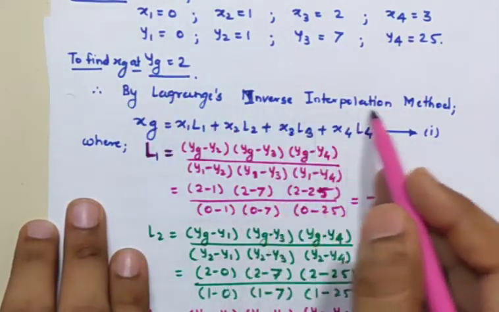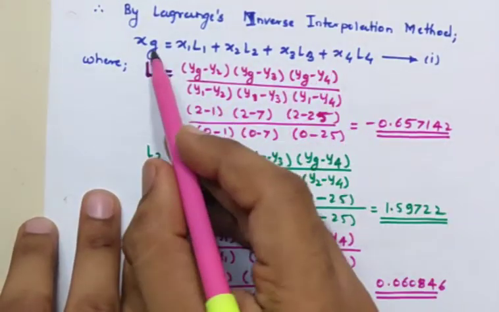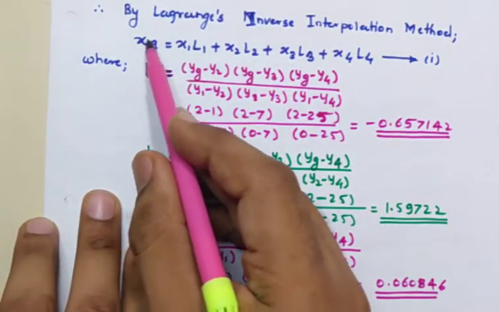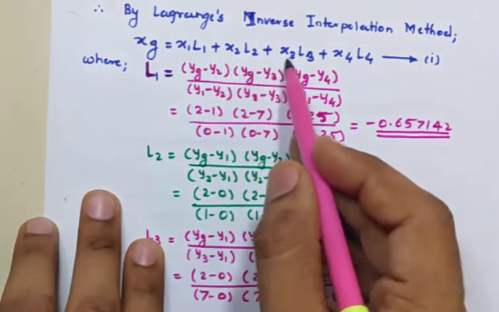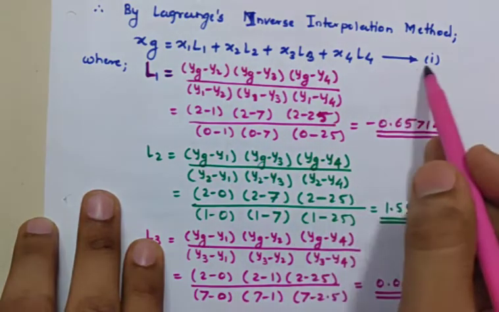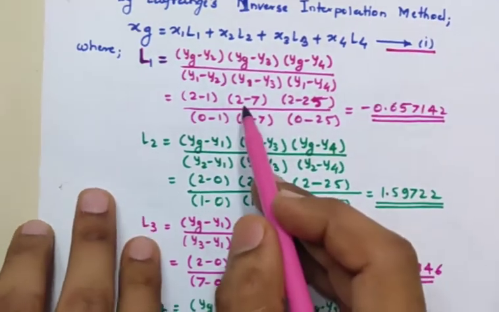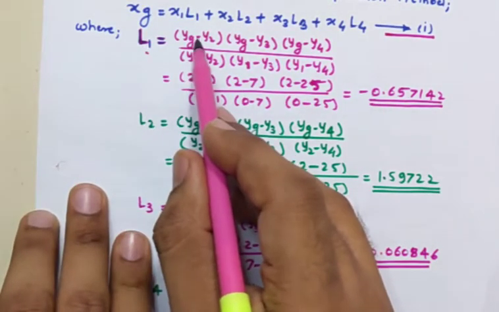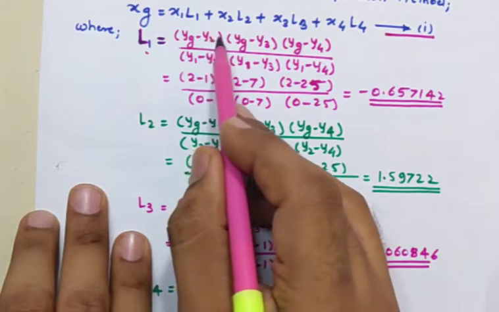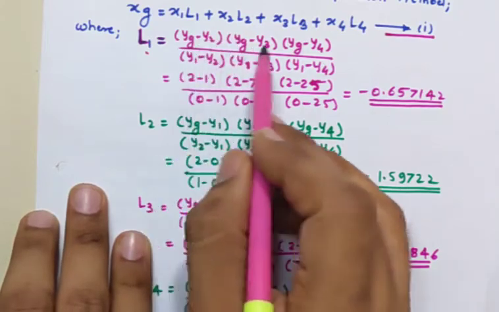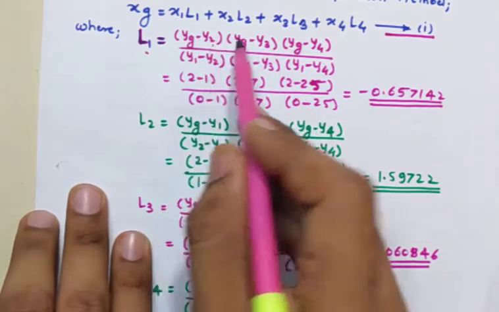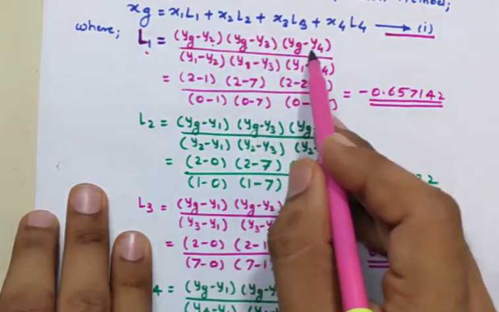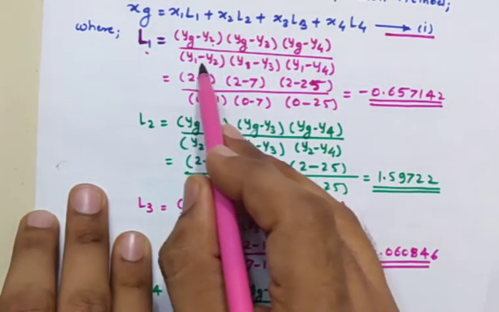By Lagrange's inverse interpolation method, the formulation is xg is equal to x1 L1 plus x2 L2 plus x3 L3 plus x4 L4. Call this equation 1 and determine the values of Lagrange's constants. L1 is equal to, we exclude the y1 term in the numerator, so yg minus y2, yg minus y3, yg minus y4, upon y1.